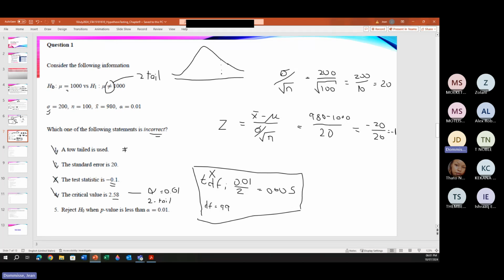But what we will see is if we have the critical value, that is 2.58. We've worked out the Z value is -1. So if we have that the critical value is bigger than your Z value that you have worked out, so then we will reject the null hypothesis.